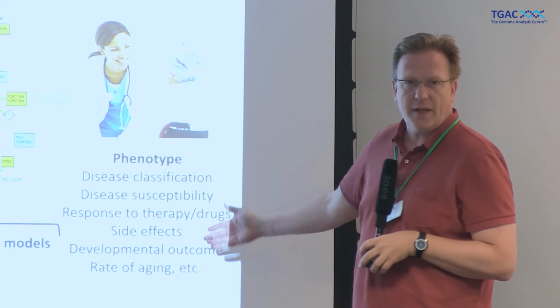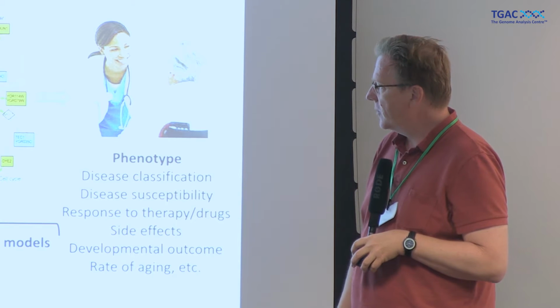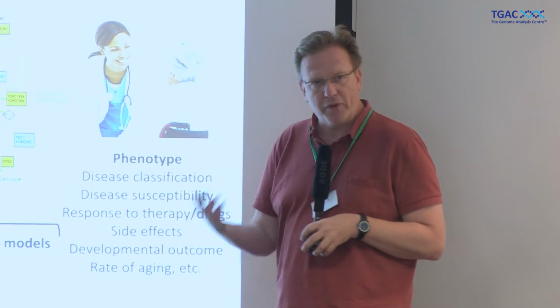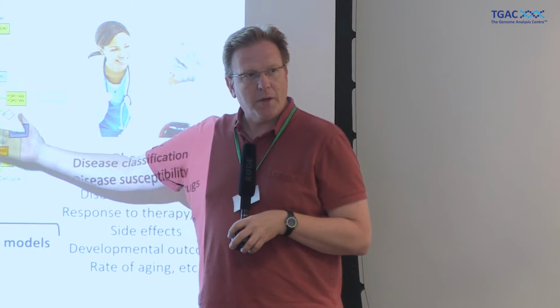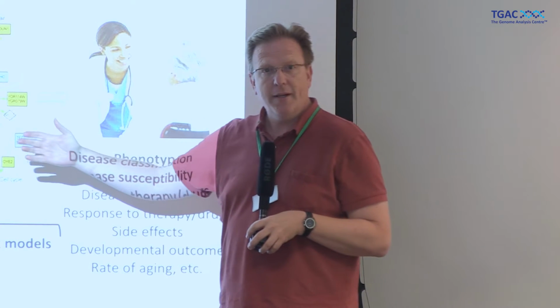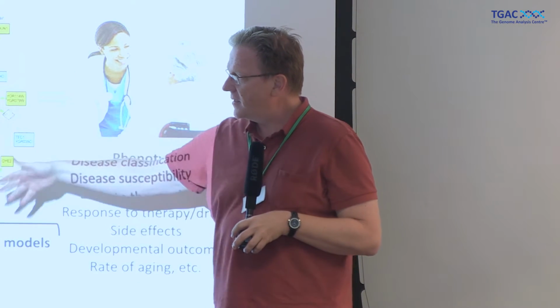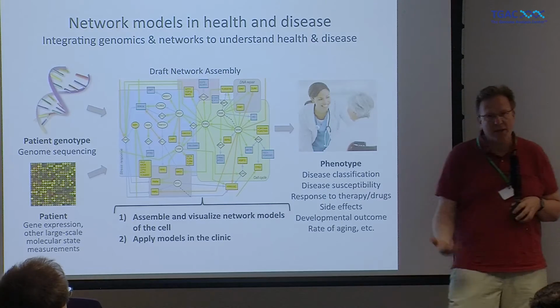These are questions that in many cases clinicians, but also other scientists, maybe more fundamental researchers, motivate us to think about: how can we make these connections, how can we interpret the data that we get on these different levels in a coherent way. And networks are one major way for us.